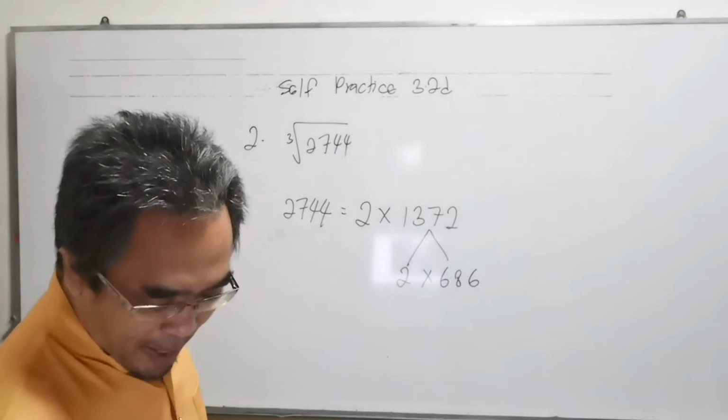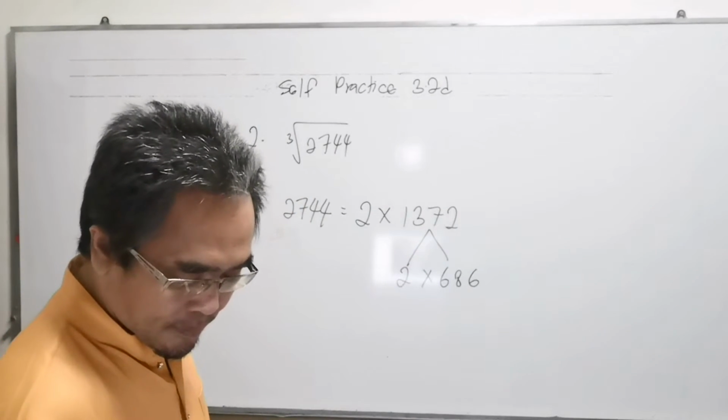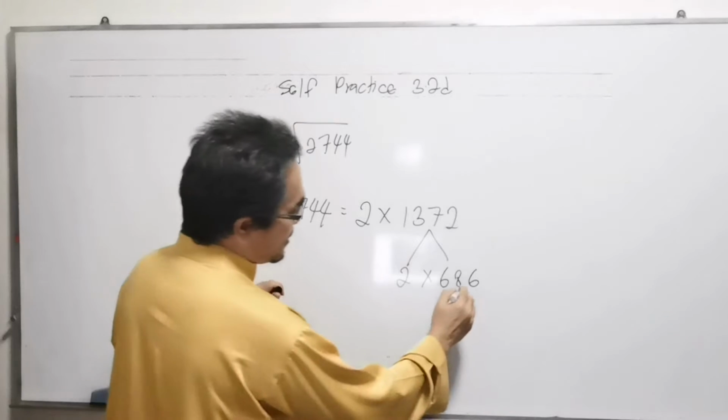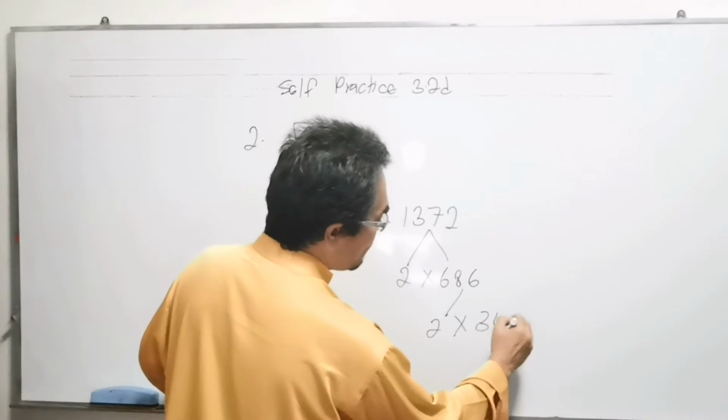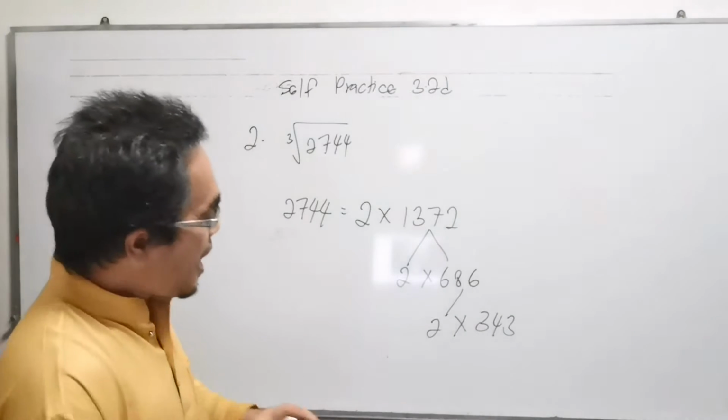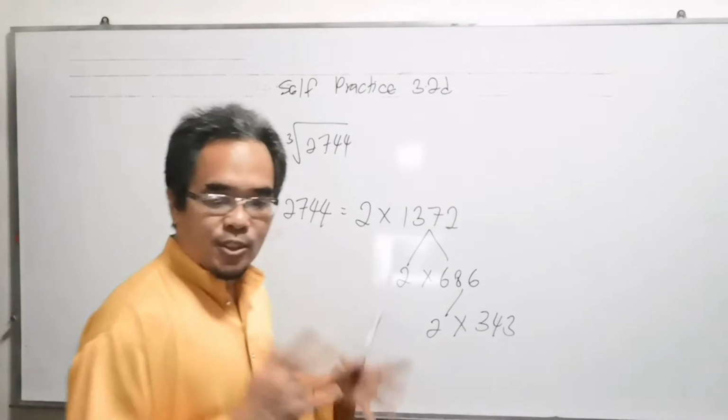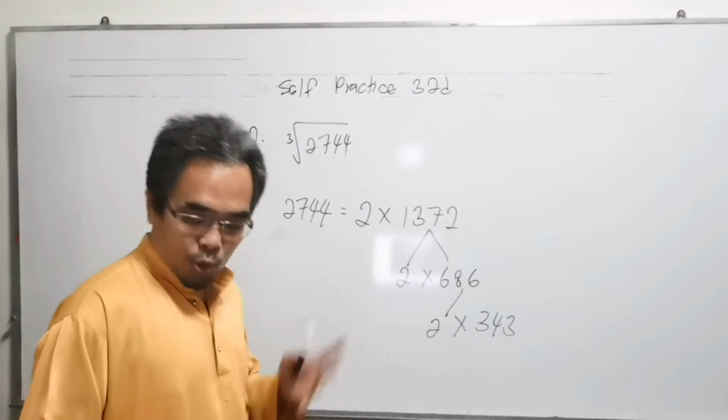And if you divide by 2 again, you get 2 times 343. Now, this number 343 is not divisible by 2 anymore.